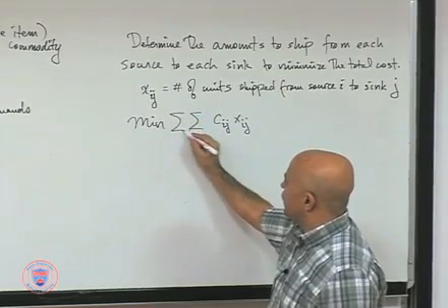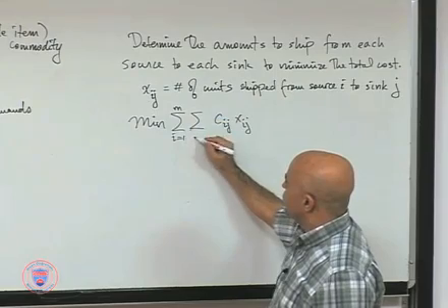Let's just make this a double summation. I going from 1 to m, j going from 1 to n.